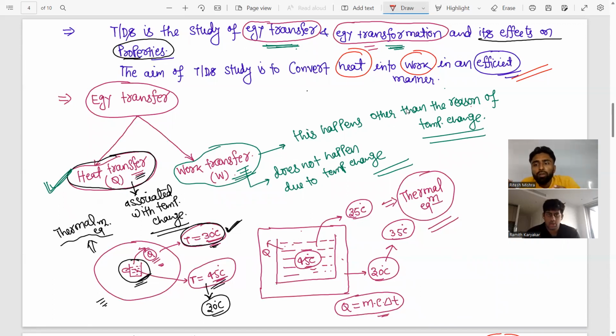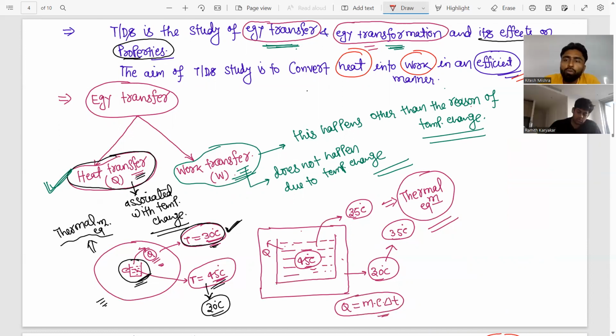We will have to achieve more efficiency, so that more heat is converted into work. In everything, we want more heat to be converted into work.